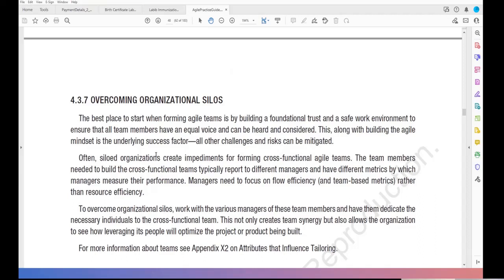You can also complete your exam online from your home. There are two versions. One is the online version and one is in person at the testing center. Both are okay. If you feel comfortable in front of your computer, you can do it.